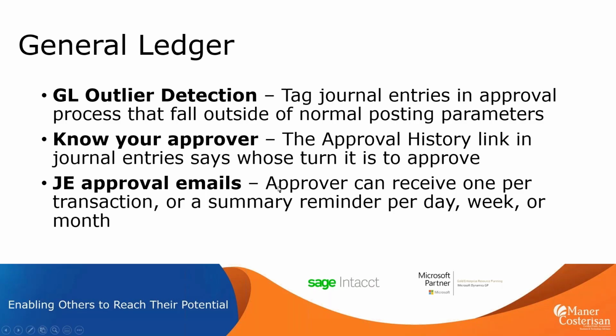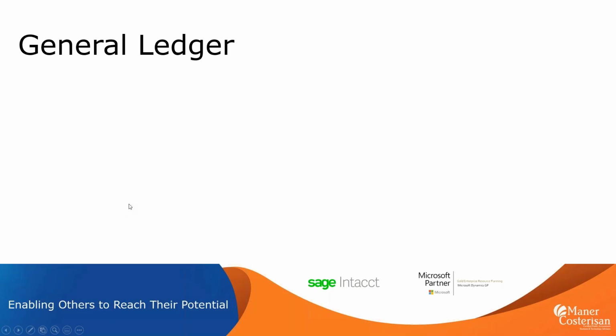So instead of getting one email per transaction that needs to be approved, Intacct will now give you the ability to have a summary reminder that gets sent out on a daily, weekly, or even monthly basis. So if the people who approve those entries have ever asked whether it is possible to not receive as many emails, you now have the ability to define that. So I wanted to make sure I threw that out as well.